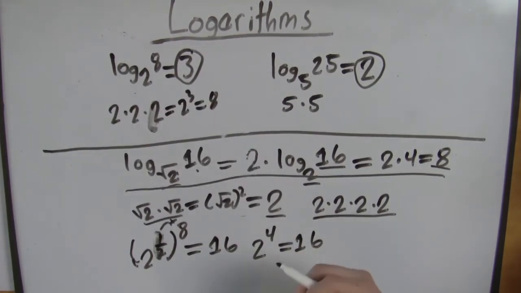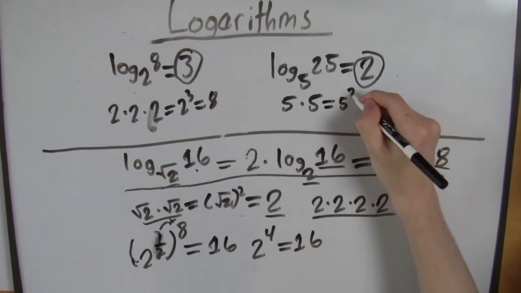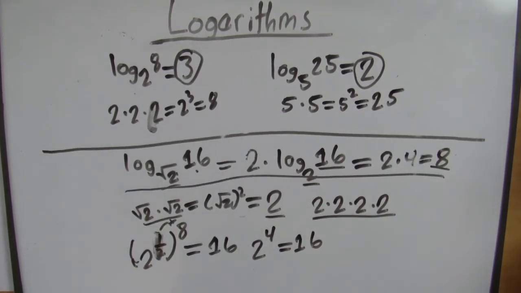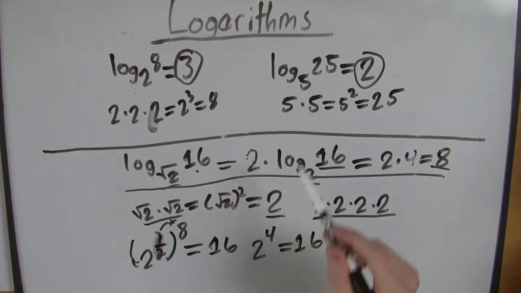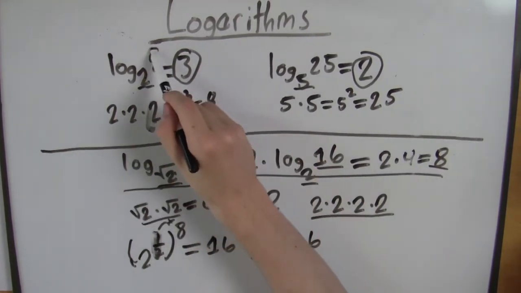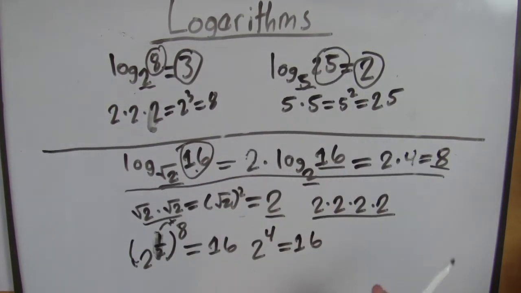What power do I have to raise 5 to get 25? Well, if I raise 5 to the 2nd power, I do indeed get 25. Right? So anytime you're solving a logarithm, and you're asked to find this logarithm, you ask yourself, what power do I have to raise the base to get the value? And that will be your answer.